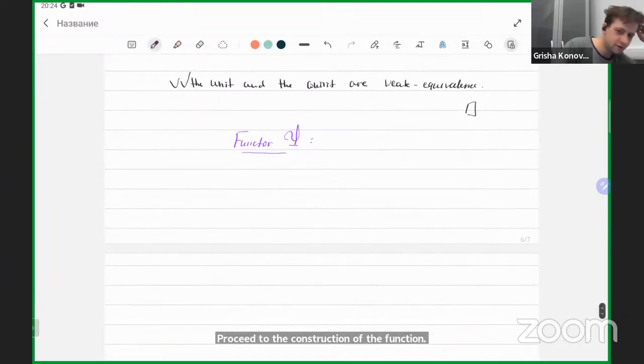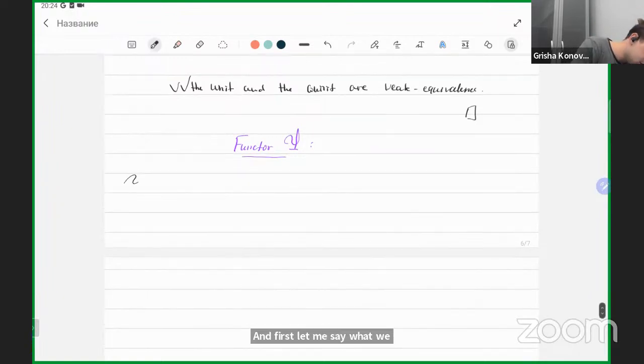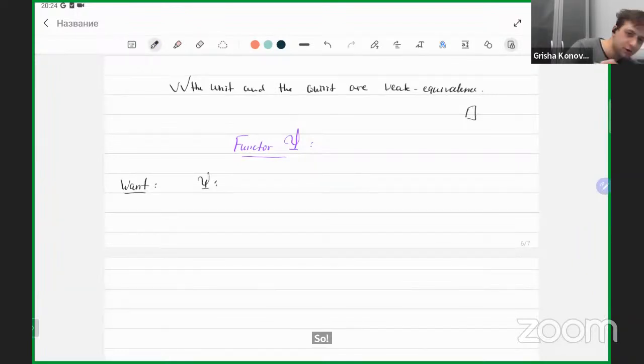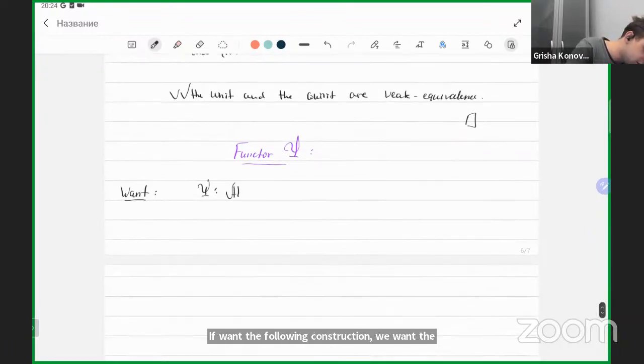And first, let me say what we expect of that construction to be. So we want the construction to work the following way.